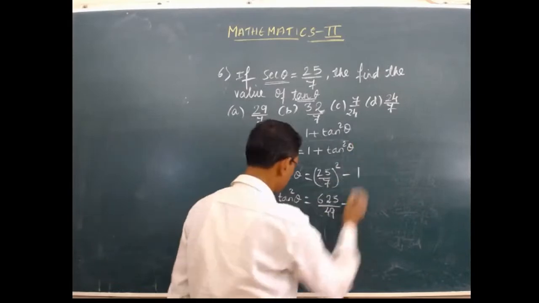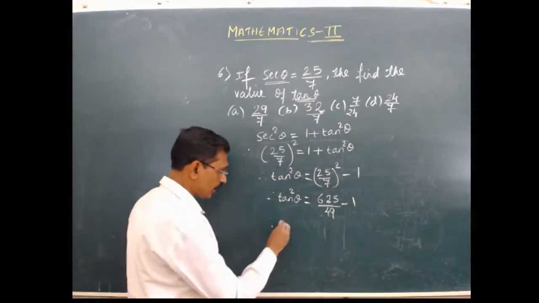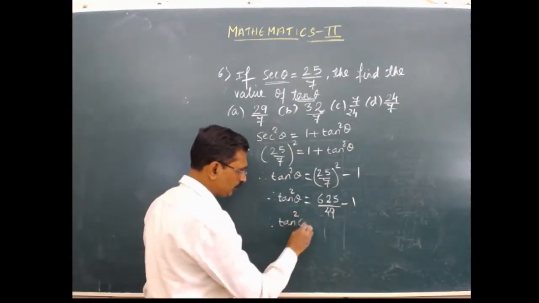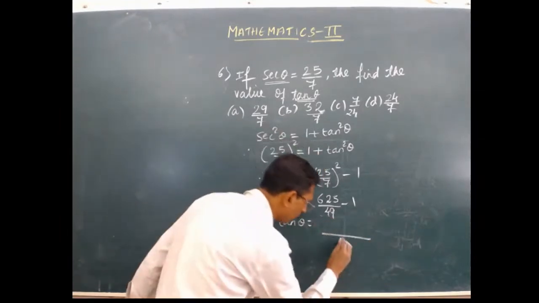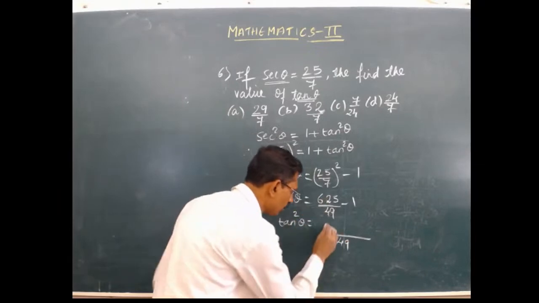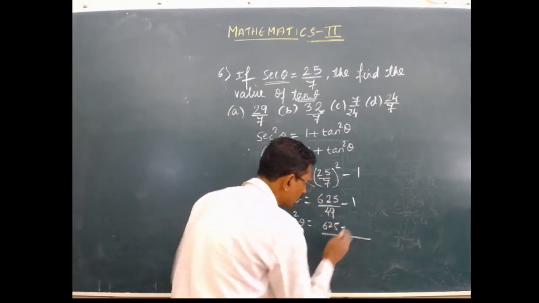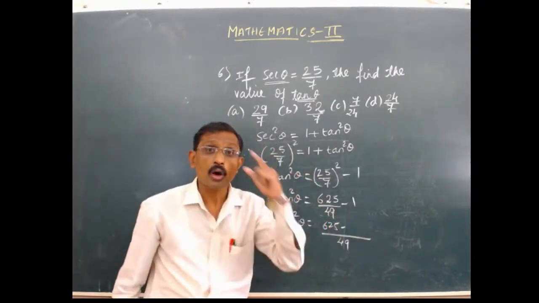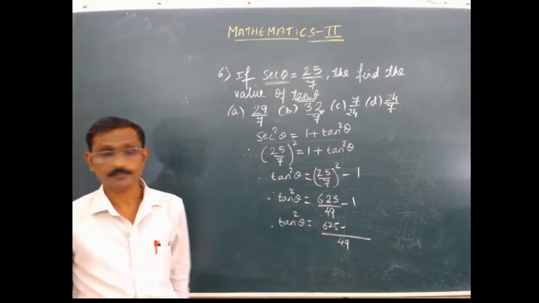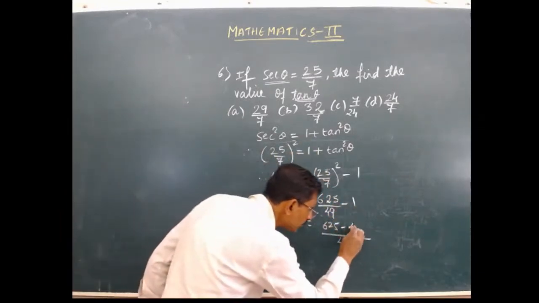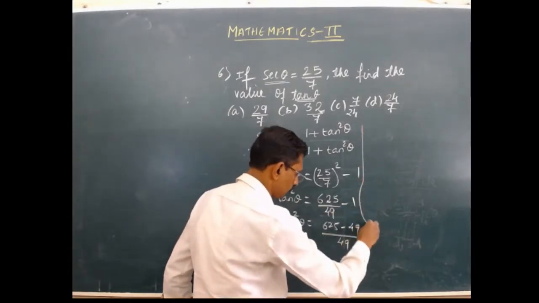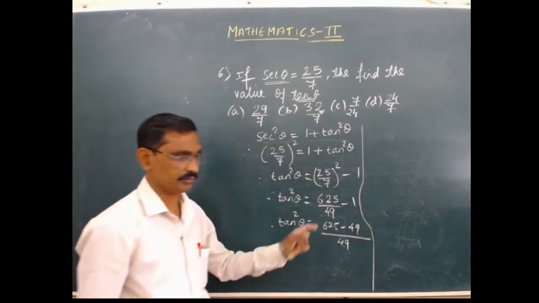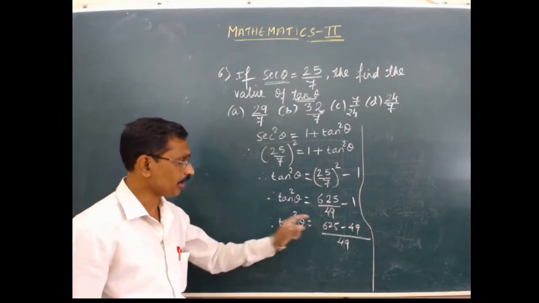Okay, very easy. Therefore, tan square theta is equal to, LCM. 625 minus 1 means what? 1 upon 1. So minus 49. Very carefully, tan square theta.